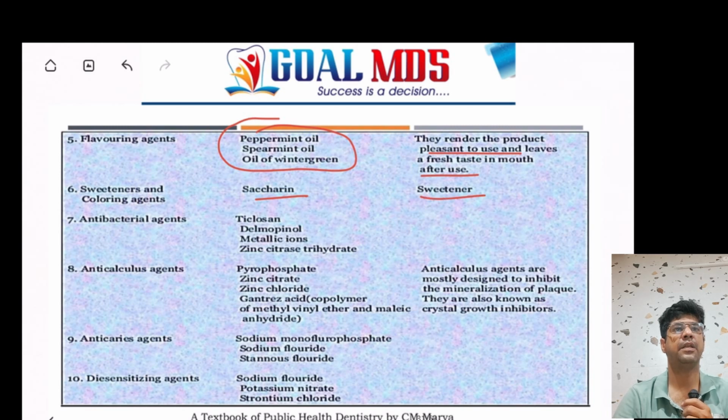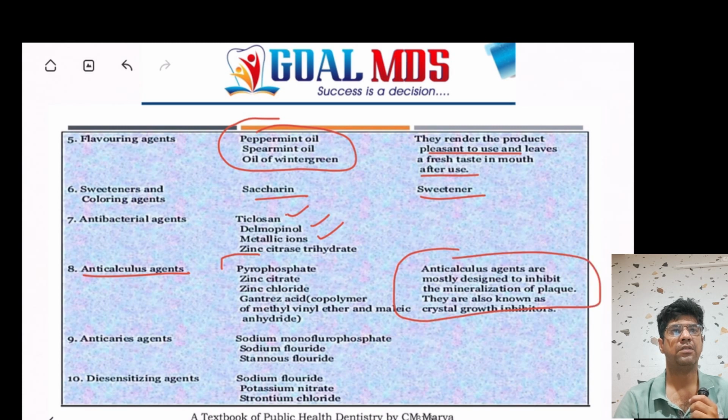Sweetener and coloring agent includes saccharin, that is a sweetener. Antibacterial agents are triclosan, delmopinol, metallic salts, etc. Anti-calculus agents: some toothpaste contain anti-calculus agents. Examples are pyrophosphate, zinc citrate, gantrez acid.